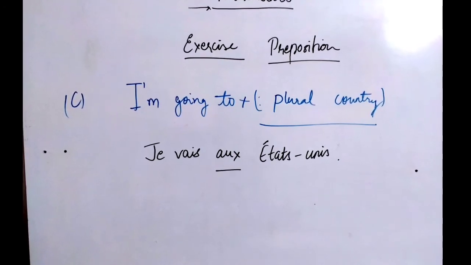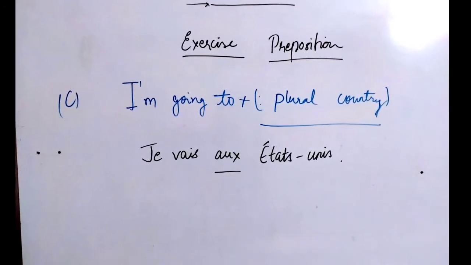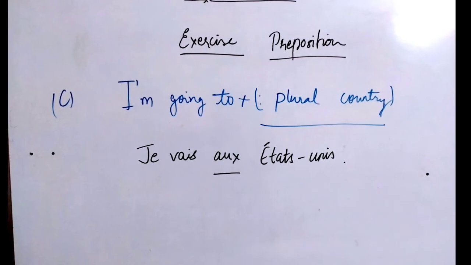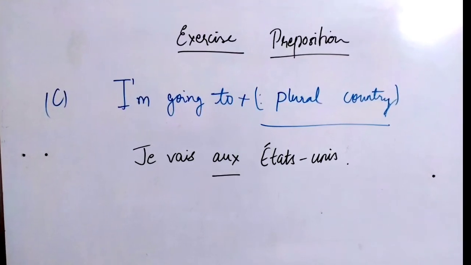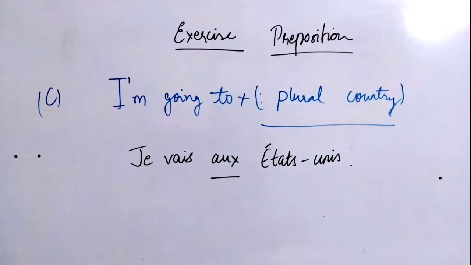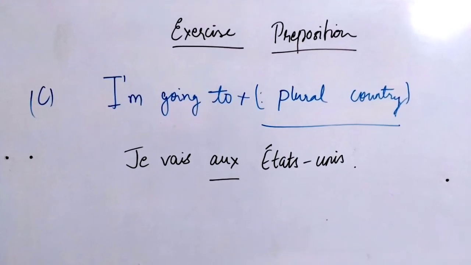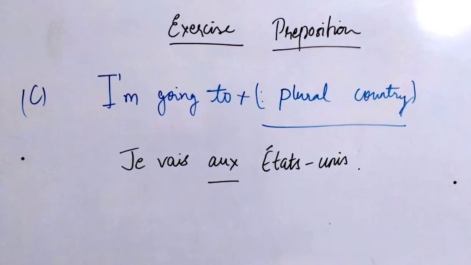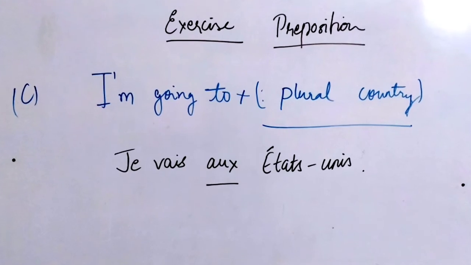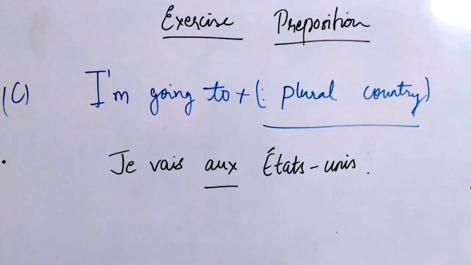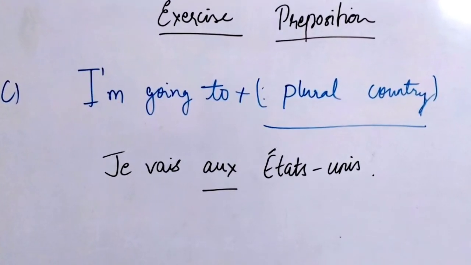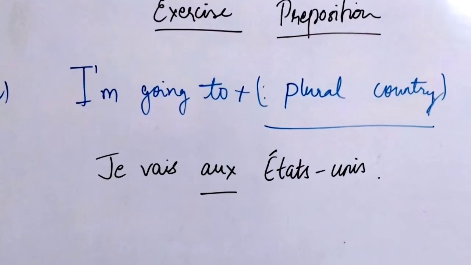Okay, you guys must know that the United States has multiple states, so it comes under the plural category. So we call it aux États-Unis. So that was the exercise. So we did the exercise, we did norms also, we did information about continents, neighbors, everything. So we'll do some examples now to finish it off.